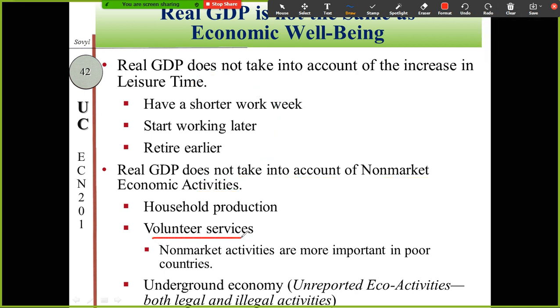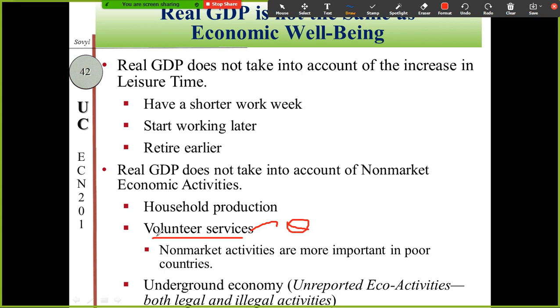The other one, volunteer service. This is social work, not household work; social production, not household production. But in terms of volunteer service, the volunteers perform work by producing output, but there's no compensation.